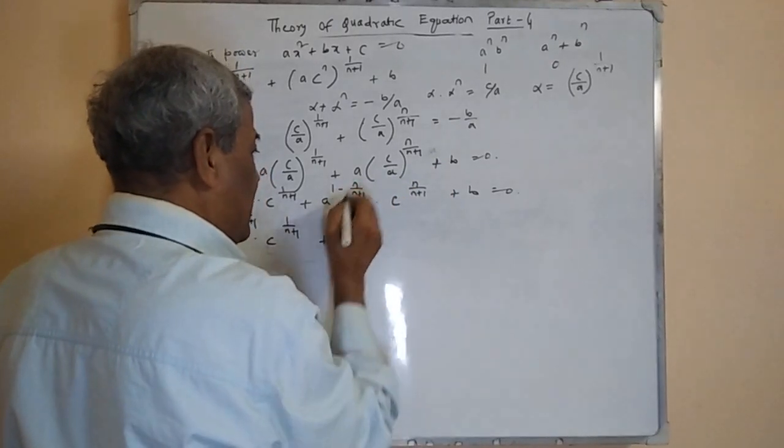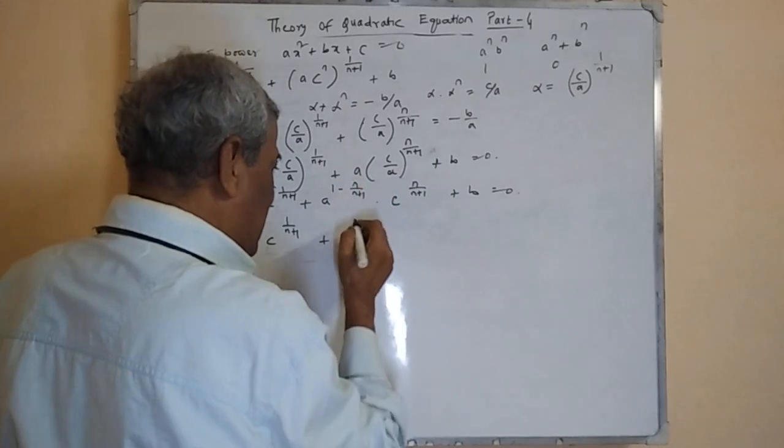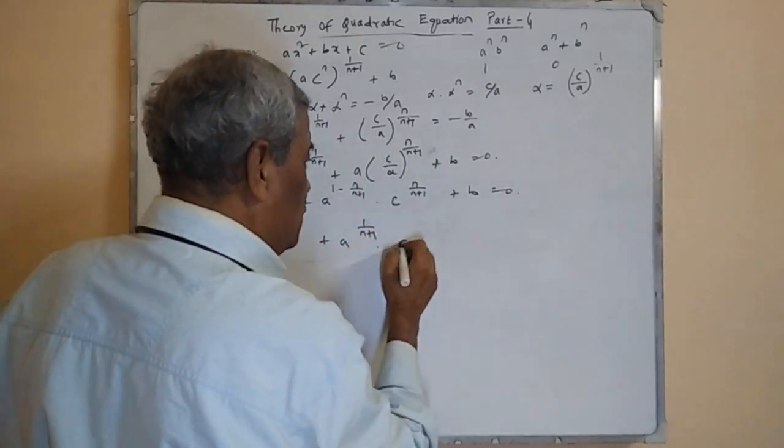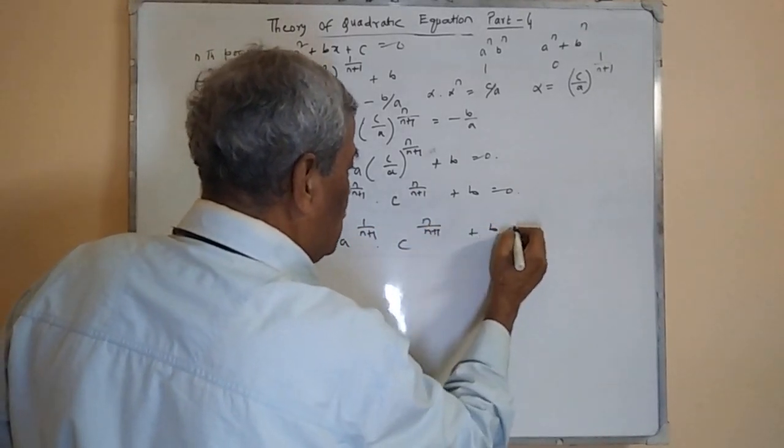So this is negative, a to the power n plus 1 minus n. So 1 upon n plus 1 into c to the power n by n plus 1, plus b is equal to 0.